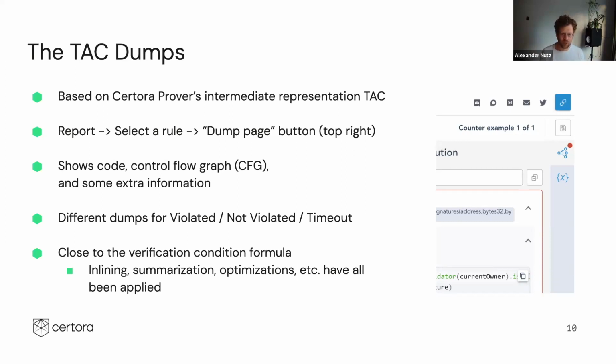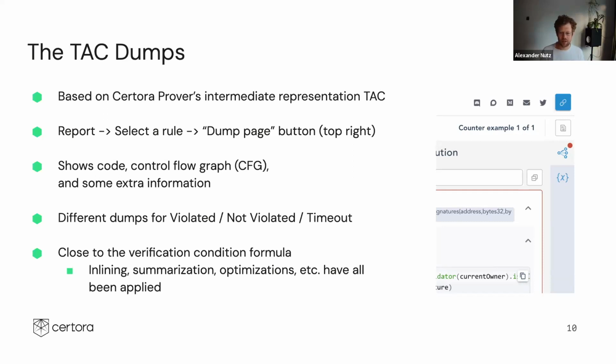One thing about the tag is that this is a good and a bad thing. It's very close to the SMT formula. So it's still a program, but inlining, summarization, all kinds of optimizations have all been applied. On the one hand, this makes it tricky to match to the Solidity code you had, but I'll give hints.